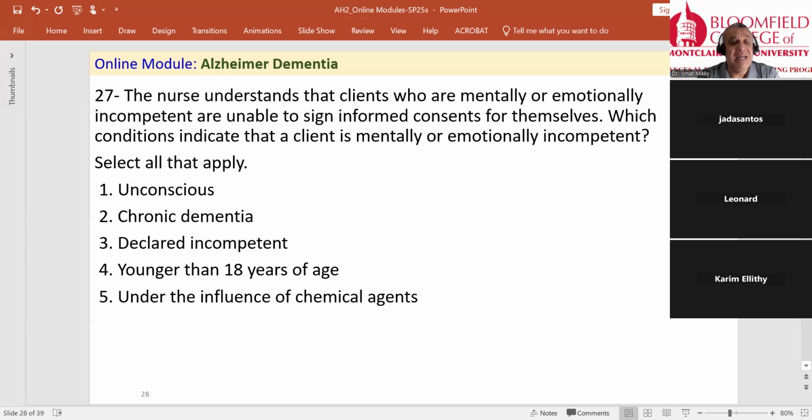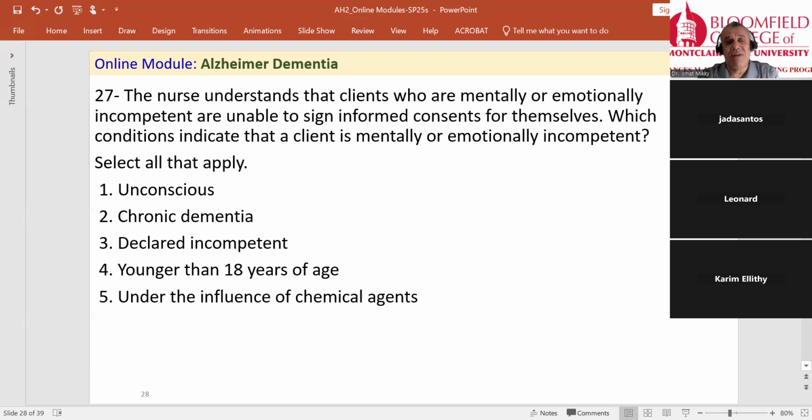The altered mental status, because that depends if it's occasional, in terms of episodic, because sometimes altered mental status, AMS, is not a condition that determines that the patient is incompetent, because sometimes it's episodic.